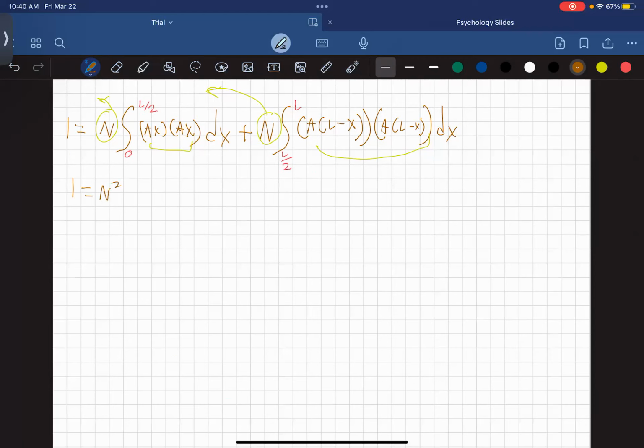N squared, A squared, x squared, right? Because they're multiplied against each other, dx plus the integral of L over 2 to L, A squared, and then (L minus x) squared, right? Because that's going to go there. No, yeah, it's not added or anything. So it's just multiplied against each other.